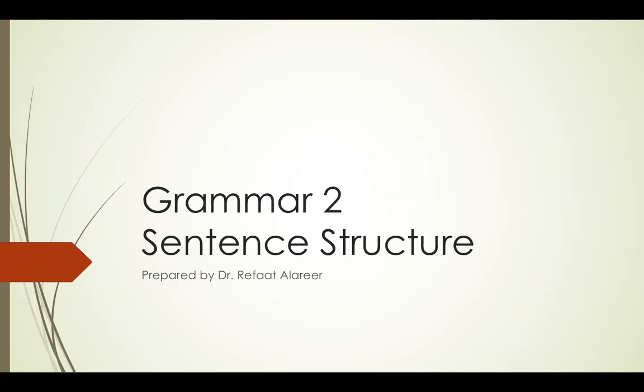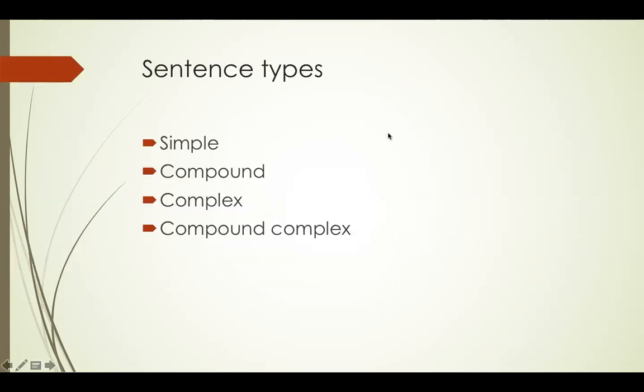So today we'll talk about sentence structure. Basically, we have three main sentence types. Some people insist on including the fourth type, the compound complex. We have the simple sentence, the compound sentence, and the complex sentence.